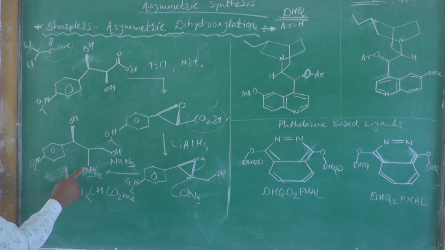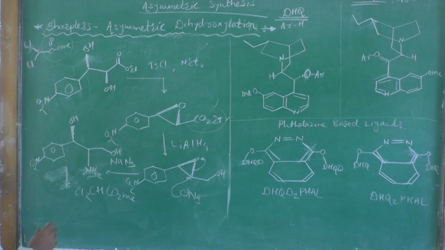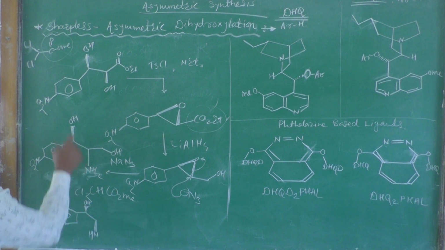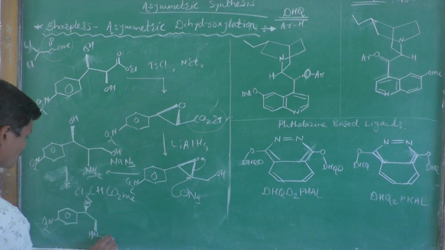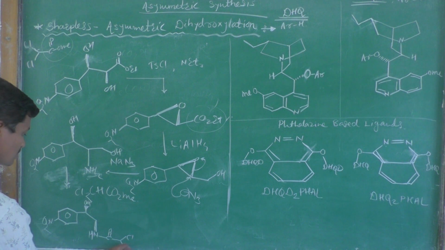When the lone pair of nitrogen attacks this carbonyl, the methoxy group will be knocked out, and the product will be like this: para-nitro, with hydroxy group at beta, and NH will get attached to this carbonyl, COCHCl2.